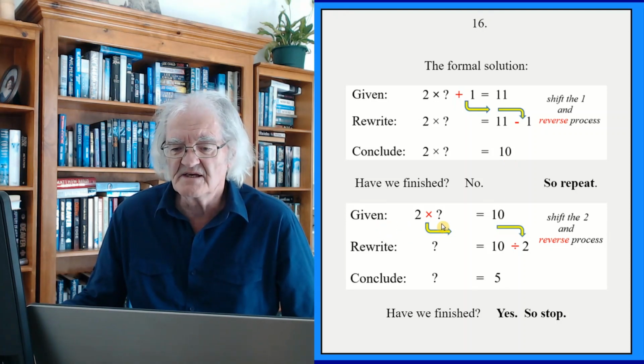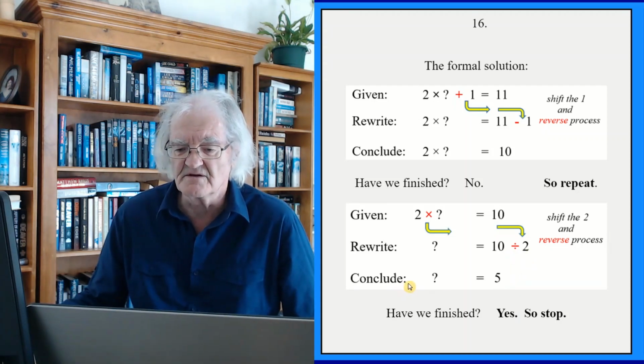We are beginning with double the missing number as 10. We shift the 2. We reverse its process. So multiplication becomes division. 10 divided by 2 is 5. So this conclusion, the missing number is 5. Have we finished? Yes, we have.